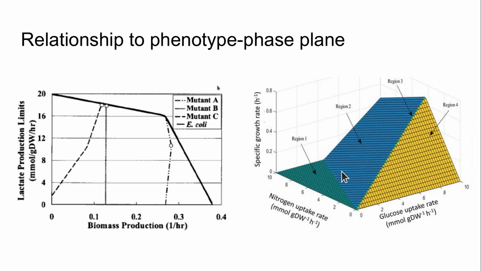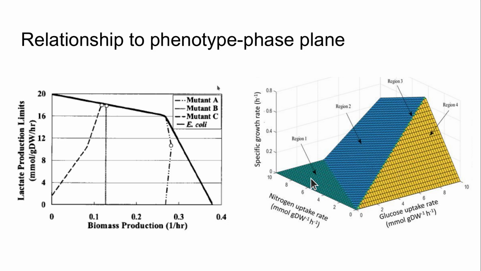If we remember the discussion from the phenotype phase plane, we could do this sort of robustness analysis where essentially we would take slices. We would, for instance, fix our nitrogen uptake rate at 6, and we would take a slice of this surface here, and that would give us just a curve in 2 dimensions seen from the side.